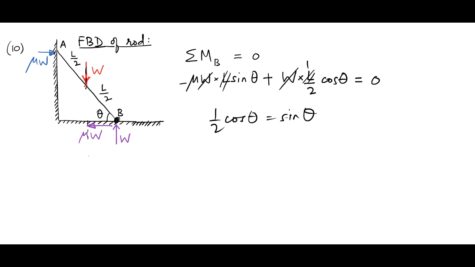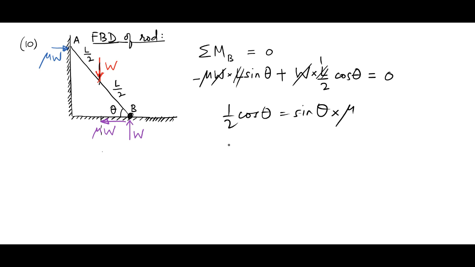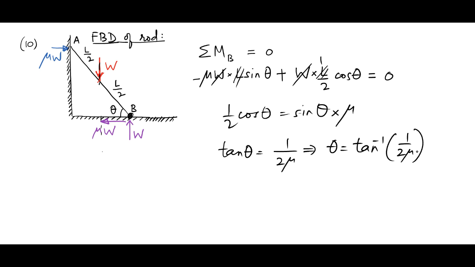The mu should be over here, multiplied by mu, and I get tan theta is equal to 1 upon 2 mu, which means that theta is tan inverse of 1 upon 2 mu. So this is the minimum value of theta corresponding to the static equilibrium of this rod.